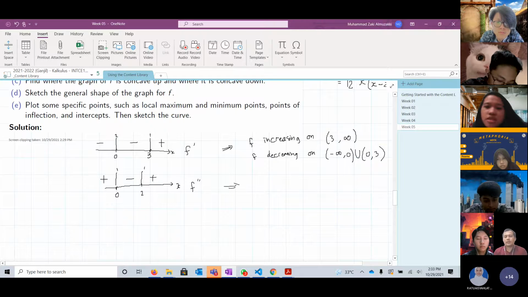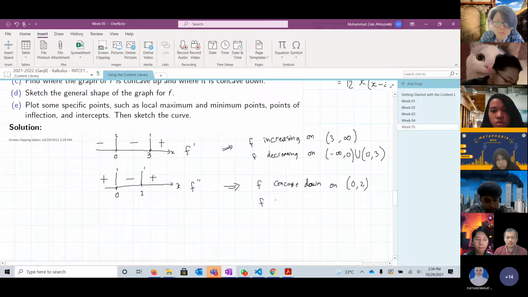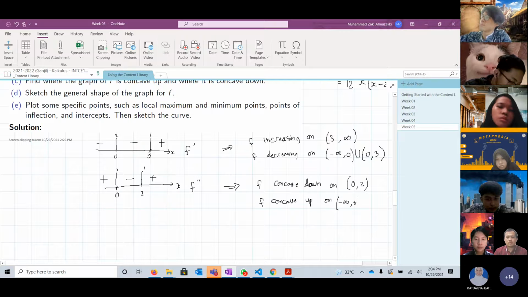So from this one, we have that f is concave down on 0 to 2, and f is concave up on minus infinity to 0, or from 2 to positive infinity.